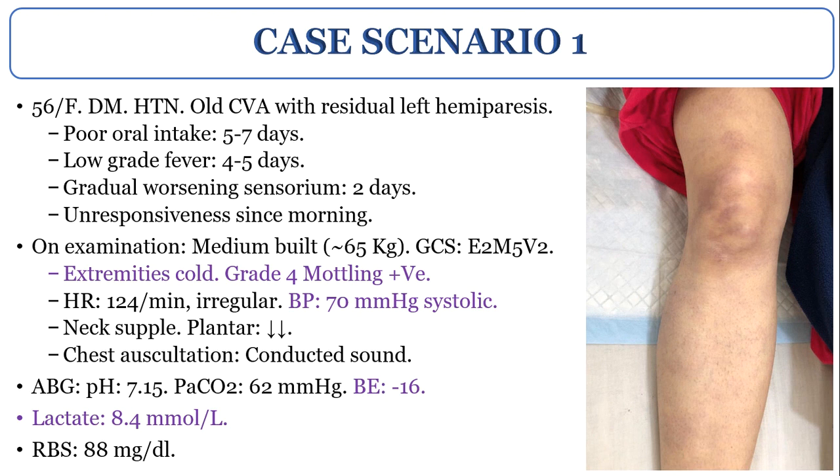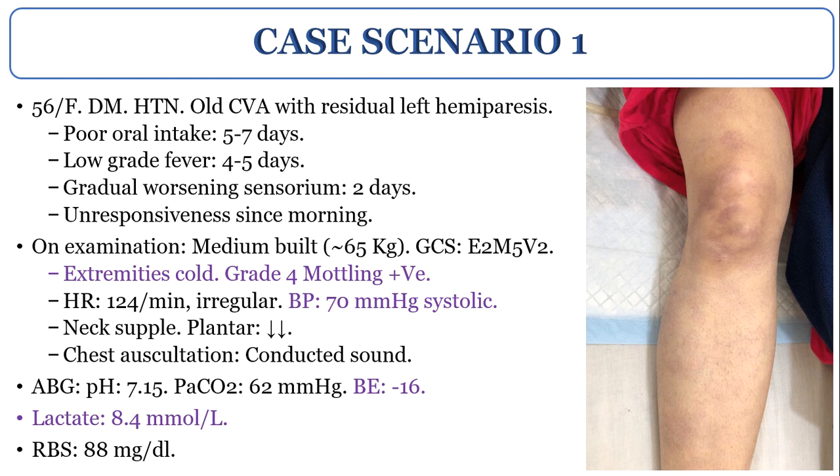If you see a coin-shaped patch in the center of the kneecap, then it is 1. If it extends up to the kneecap edge, then it is 2. If up to the mid thigh, then it is 3. If up to the groin, it is 4, and beyond that is 5. So this lady has grade 4 because it has crossed the mid thigh.